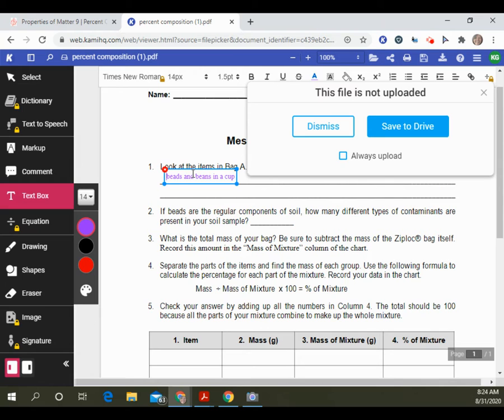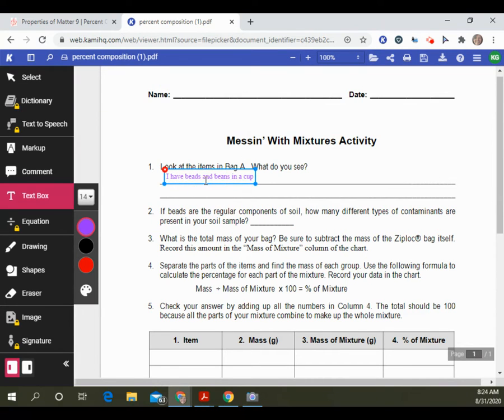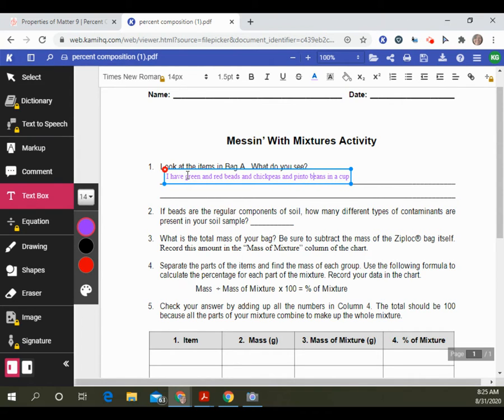So we're going to say I have beads and beans in a cup, and I could even give some more details. I have green and red beads and chickpeas and pinto beans in a cup.